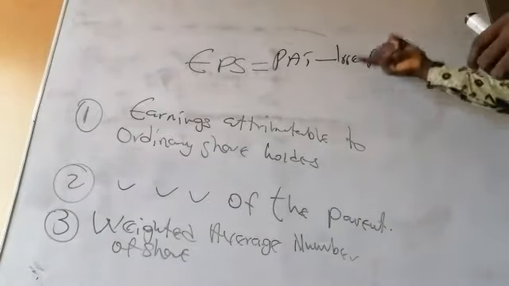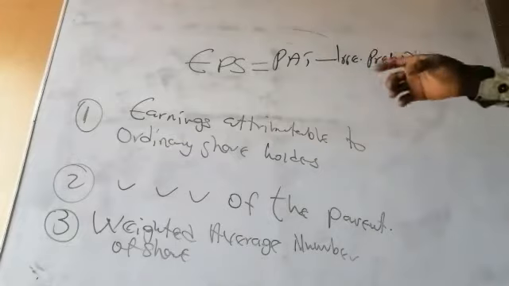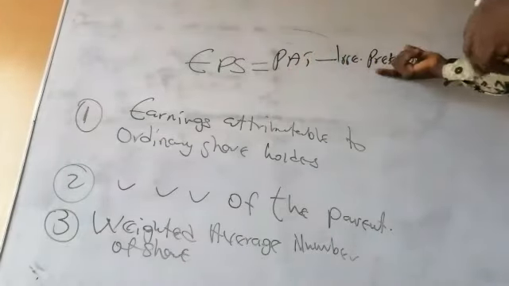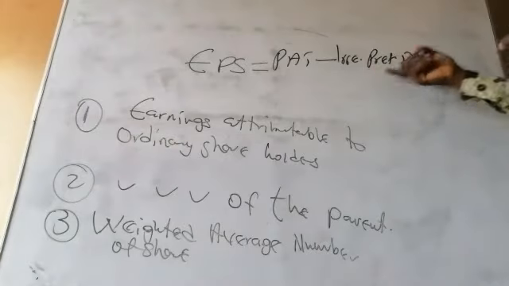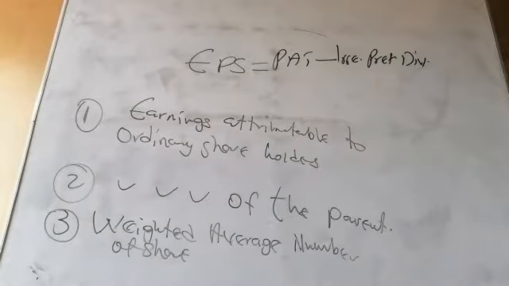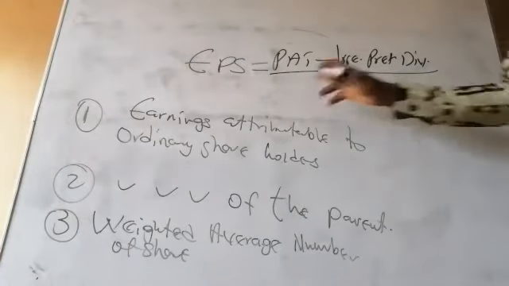But the redeemable preference dividend is classified as finance cost, which has been subtracted already. So only the irredeemable preference dividend is yet to be subtracted. This one is for a single company or separate financial statement. If I should end here, I'll just divide this by the weighted average number of shares.